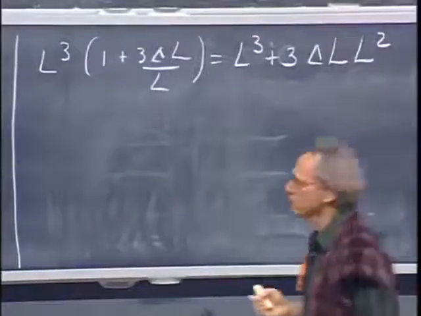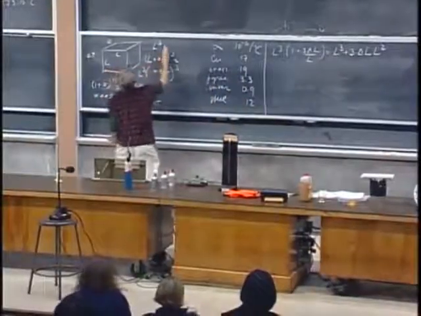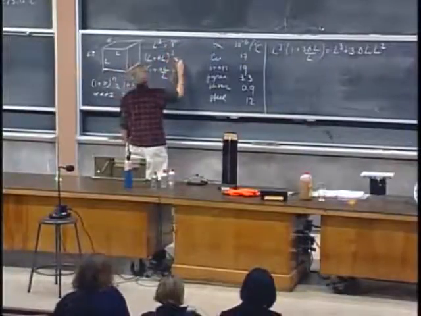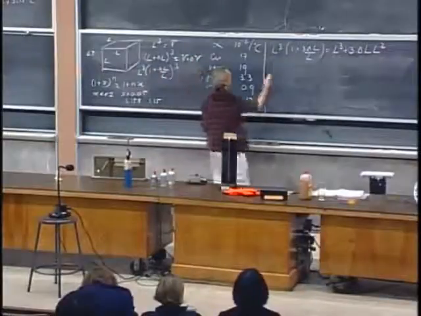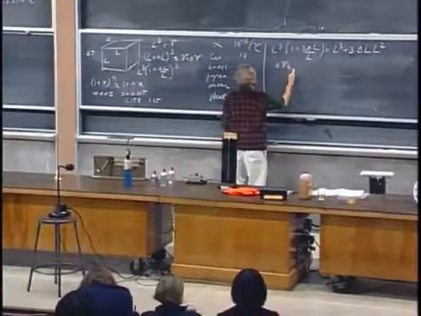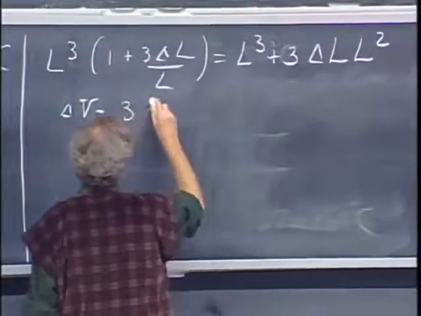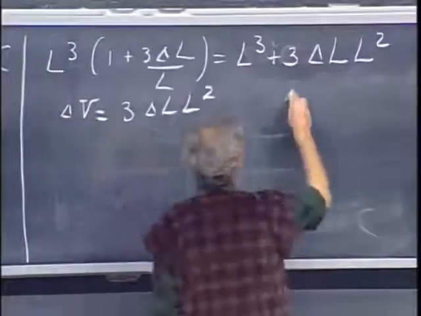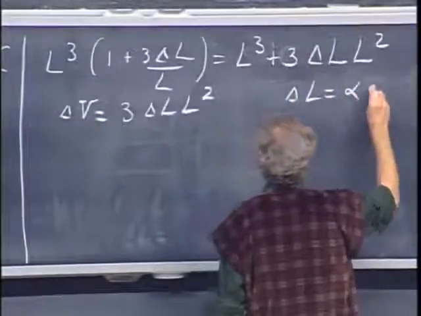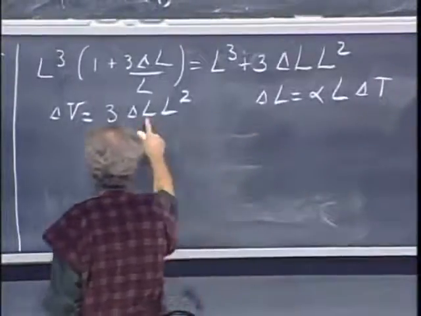So the difference in terms of delta V: the old volume was this, and this volume is V plus delta V. So delta V is the difference between the two, is 3 delta L times L squared. But I know that delta L equals alpha times L times delta T. And so I can substitute that in here.